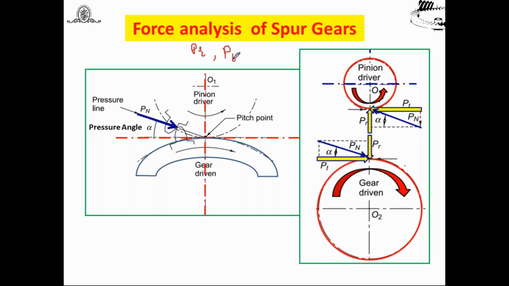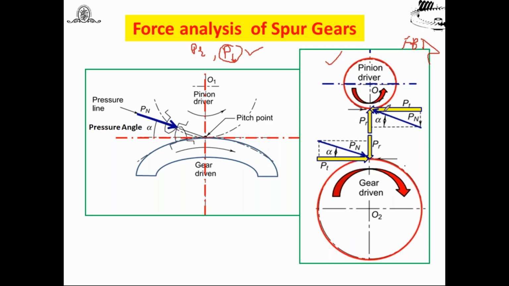I have already told you the PT is required to transmit motion and power. But how to decide the direction of these components, that we will discuss. Look at it, this Pn makes an angle alpha. The same diagram is constructed here, you can say it's a free body diagram. This is the pinion which rotates in anti-clockwise direction and the gear rotates in clockwise direction.